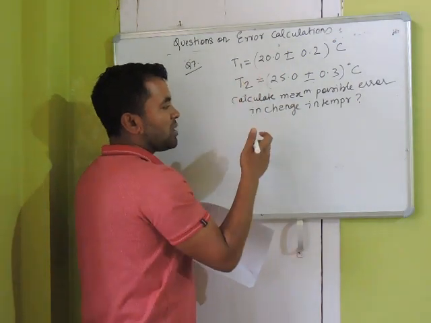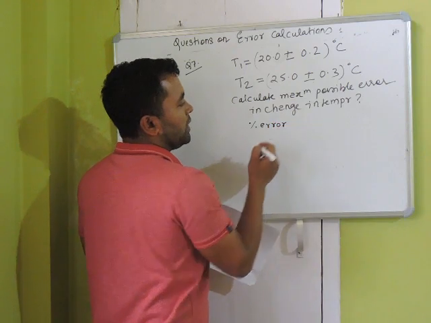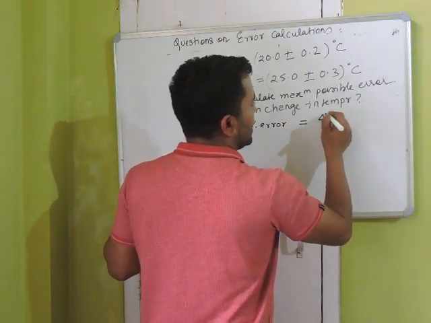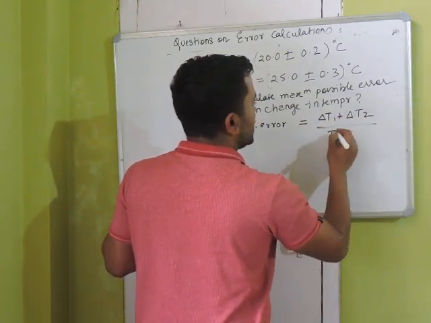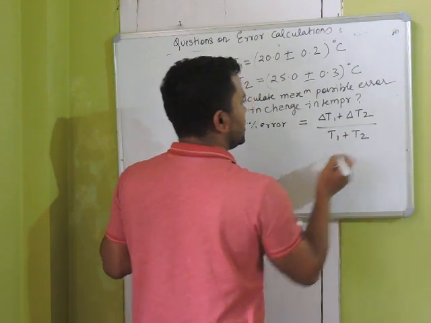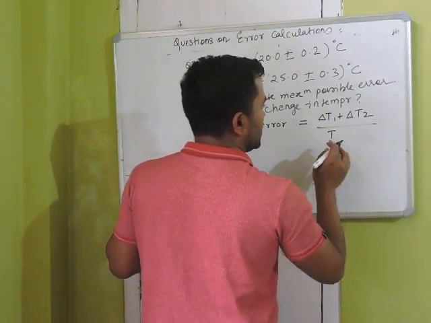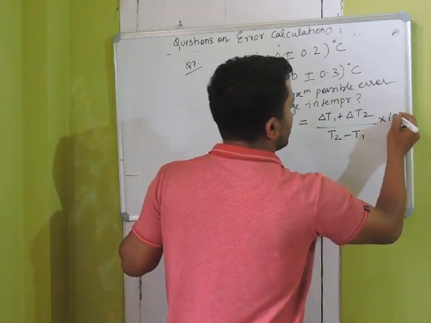So in case of subtraction, the percentage error is (delta T1 plus delta T2) by (T2 minus T1) into 100%.